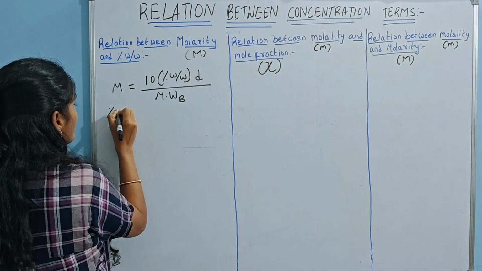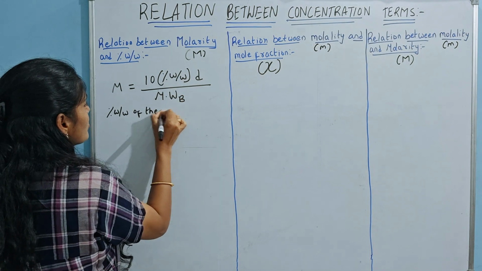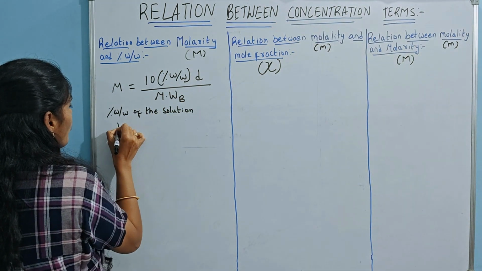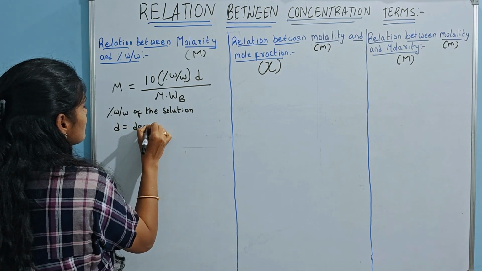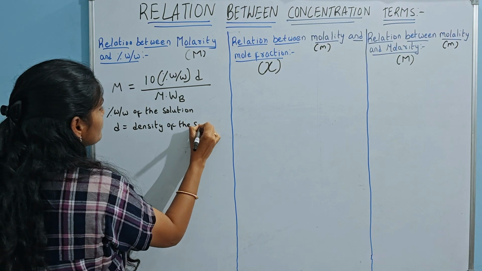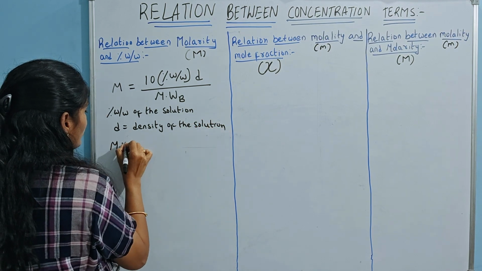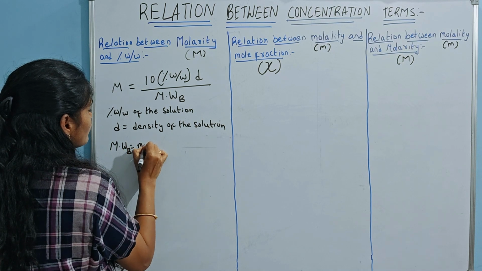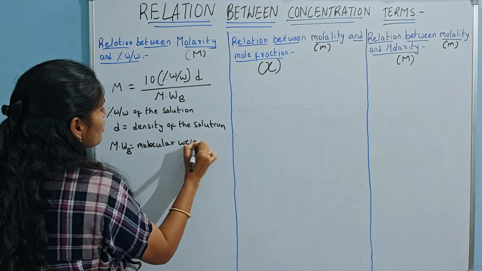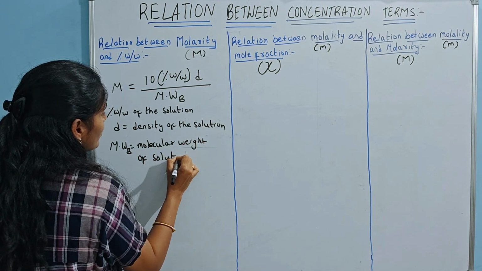Percentage weight by weight is of the solution. D is the density of the solution. Molecular weight of B means it is the molecular weight of solute.